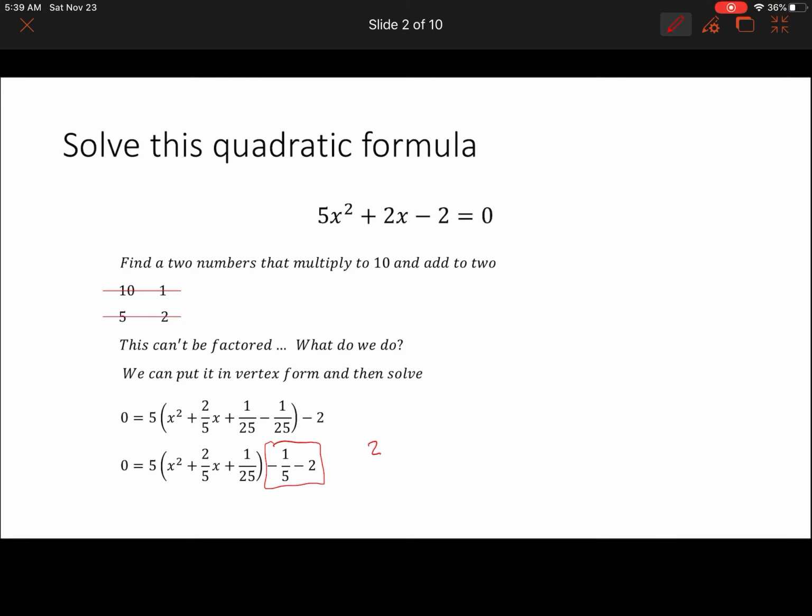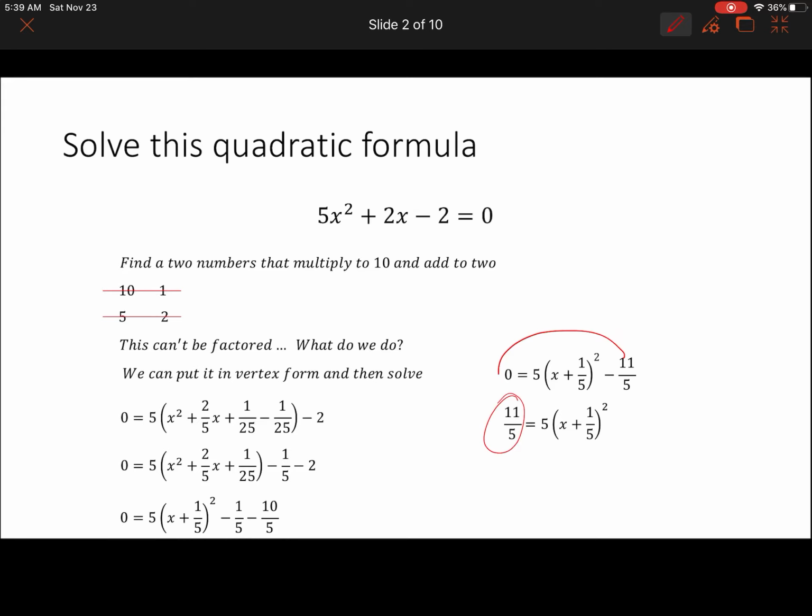We add these up by making the 2 over 5 equal to something over 5, 10 over 5. So we end up getting minus 10 over 5. We add these together, and it becomes minus 11 over 5. And then finally, we solve for x. So we bring this to that side. That's why we have 11 over 5 there.